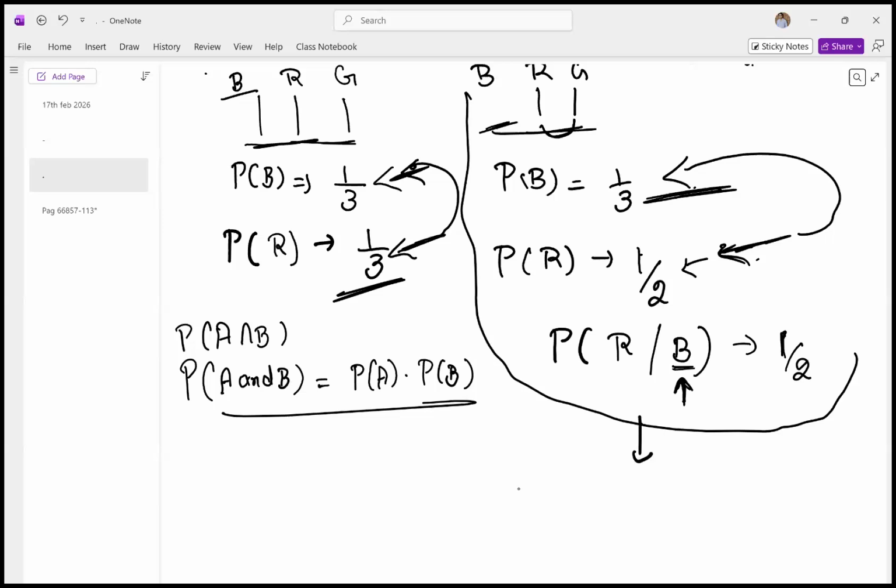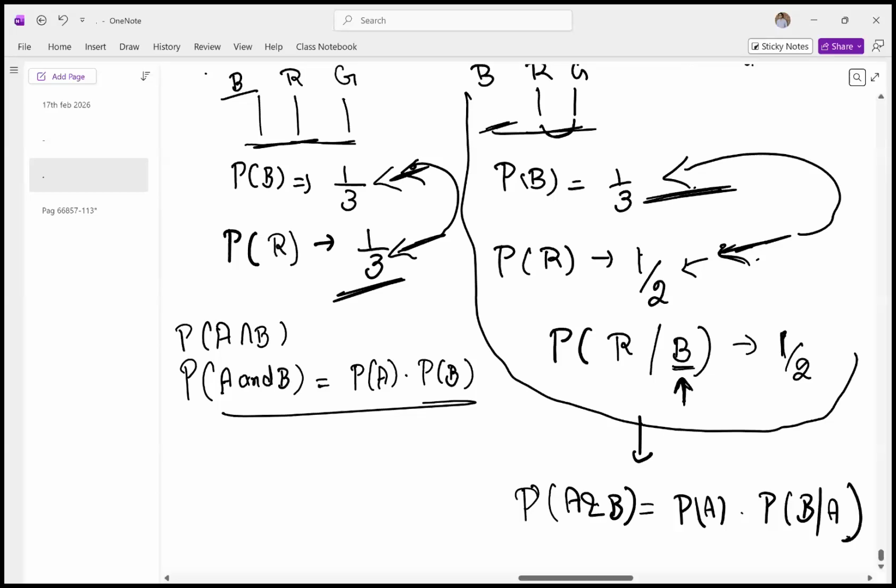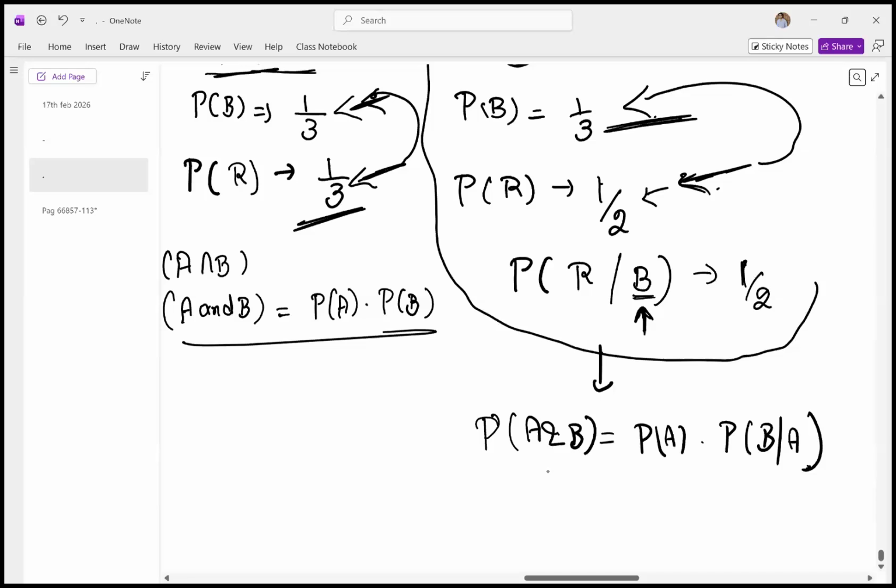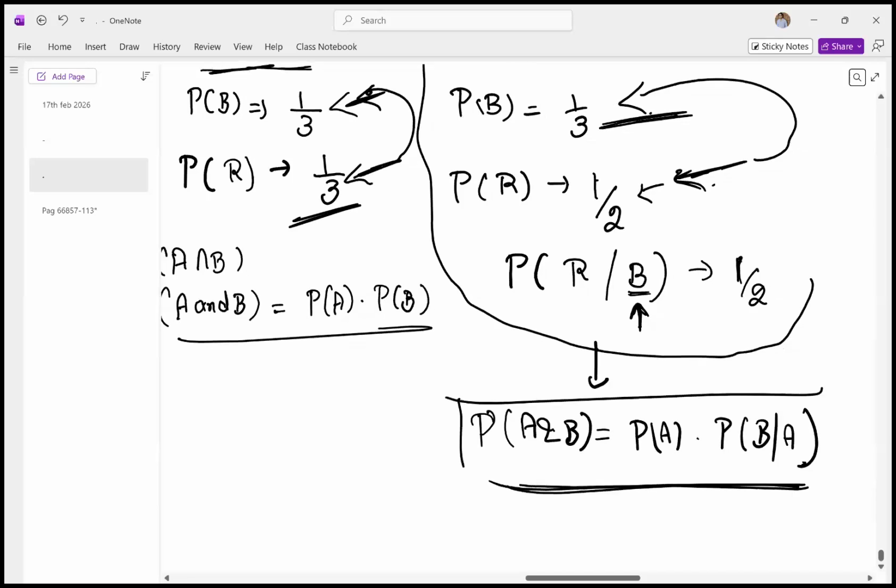Where it is dependent, you will use probability of A and B equal to probability of A times probability of B once A has already happened. This is the formula you're going to use, and the majority of the time this is the formula we will be working on.